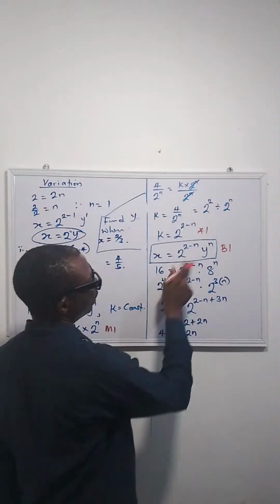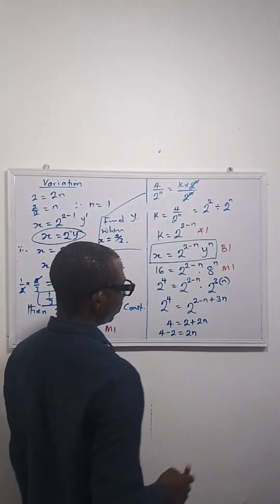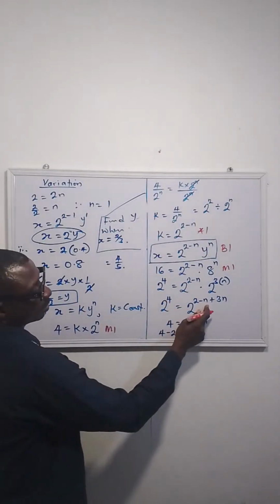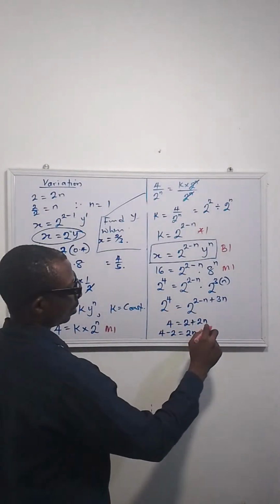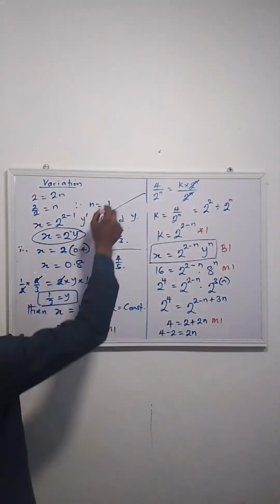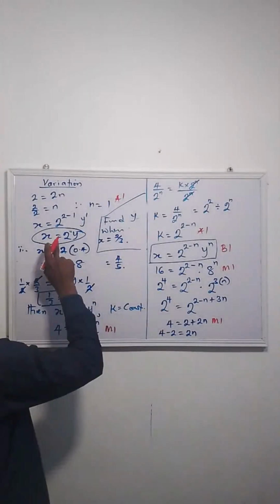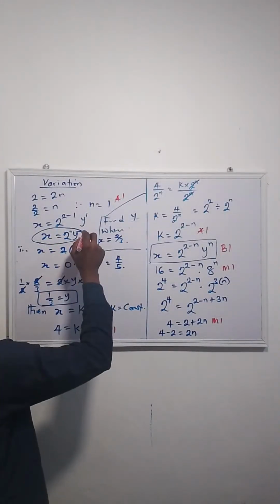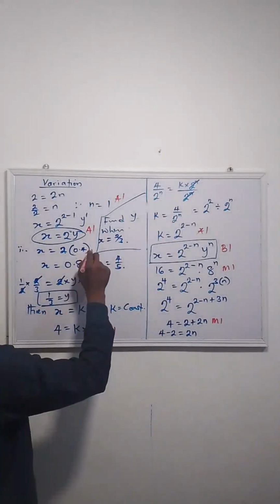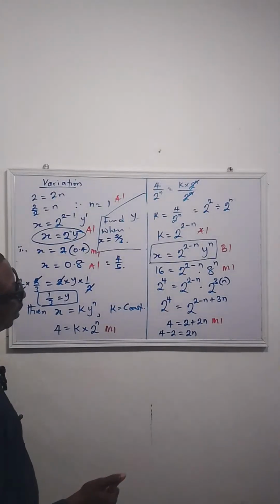For substituting inside this equation, there's another method mark. For equating the powers, we have a method mark, and for getting the answer, A1. For getting the connecting formula which the question asks for, we have another A1. For substituting, M1, and for getting the final answer, A1.